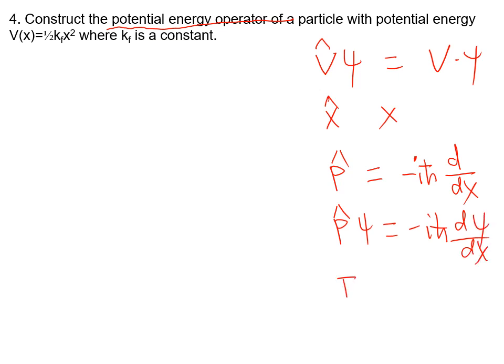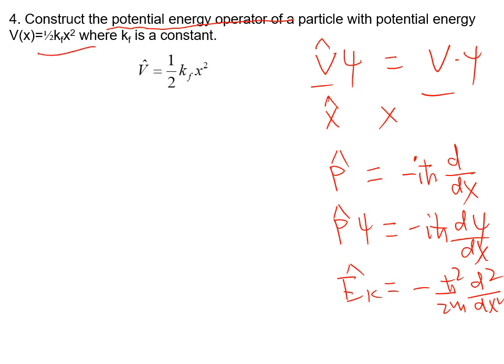Another important one is the kinetic energy operator, which equals negative h bar squared over 2m times the second derivative. These are very commonly used operators. So the potential energy operator is just the potential energy itself. In this case, it's given as half k x squared. So the potential energy operator is half k x squared.